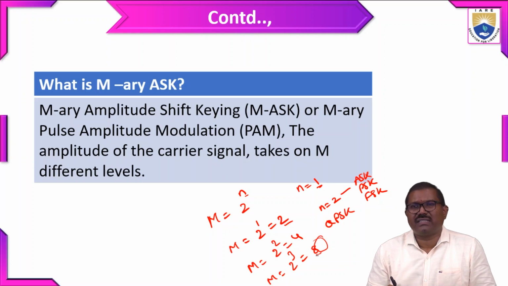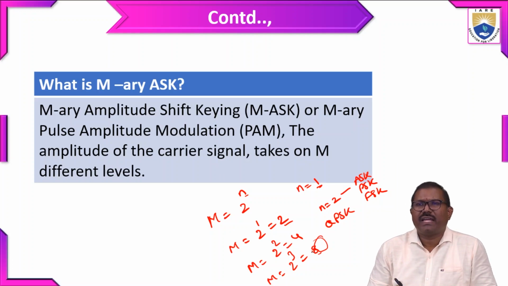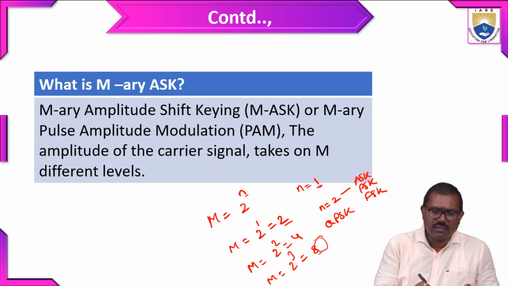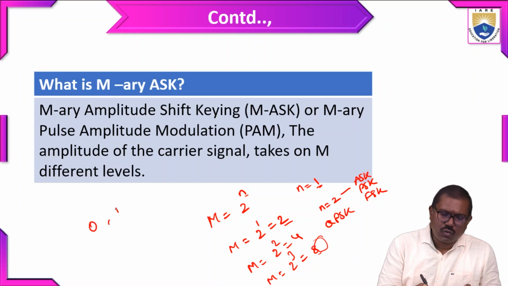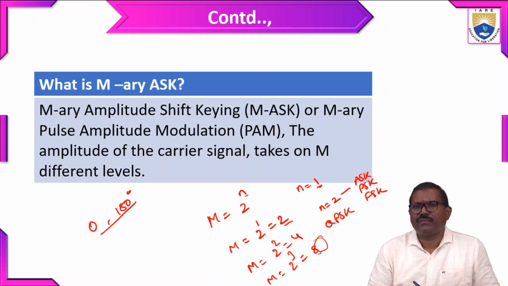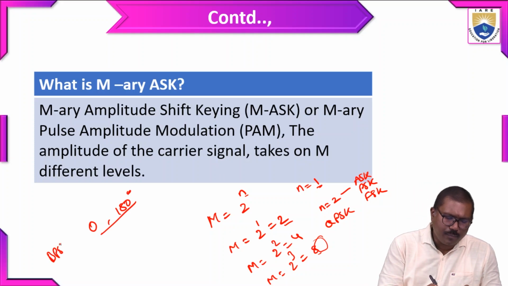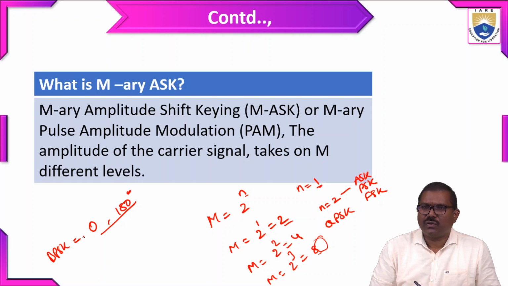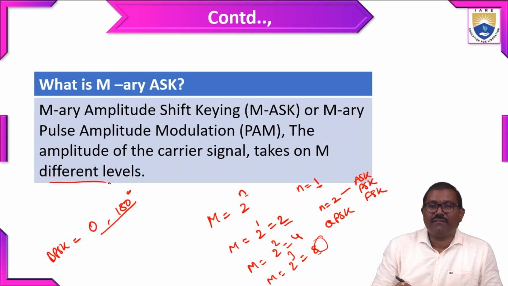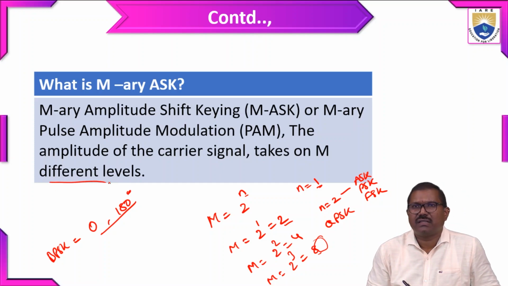But for ordinary binary PSK, how many values? Only 2, that is 0 or 180 degrees. When you move to M-ary, it takes M different levels.